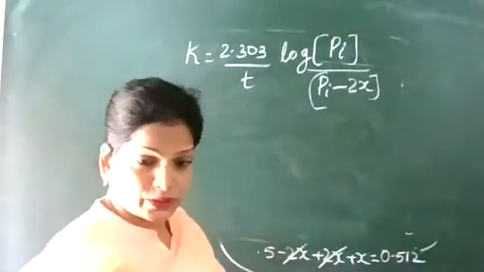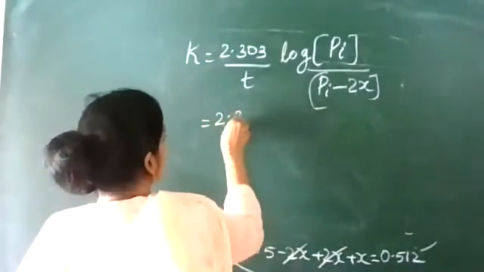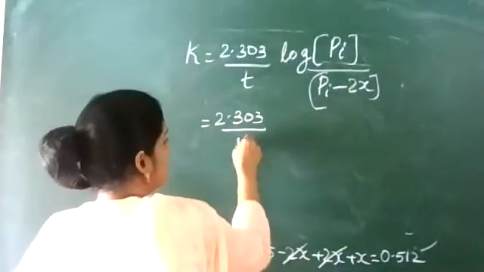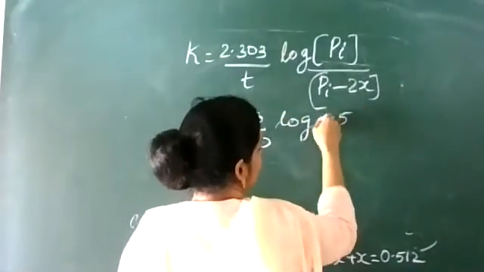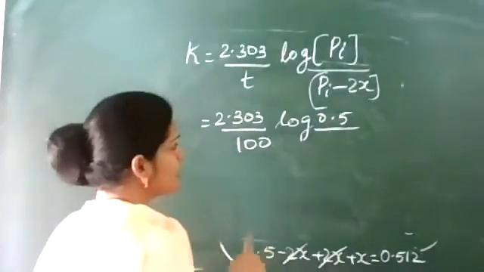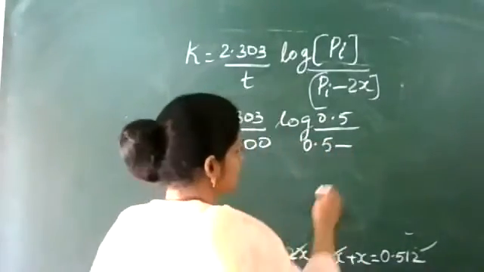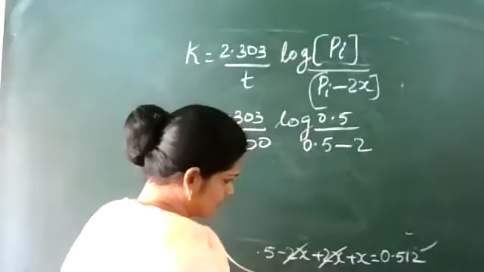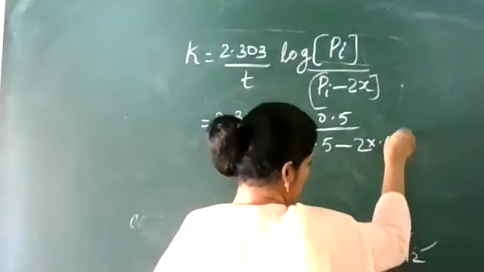Alright. So here K is equal to 2.303 upon 100 log, Pi is 0.5, divided by 0.5 minus 2 into x, and x here is 0.012.